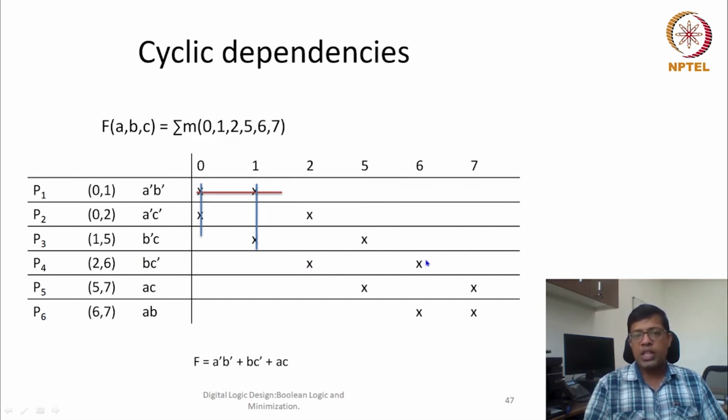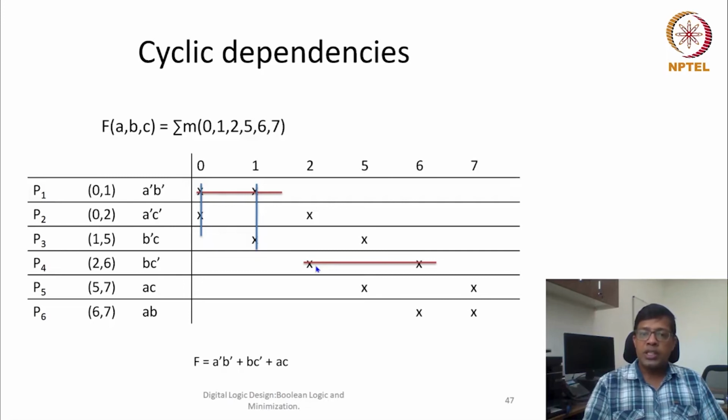BC dash would cover two min terms, whereas P2 or P3 would cover only one min term. So the only choice we have is P4. So we'll take P4.